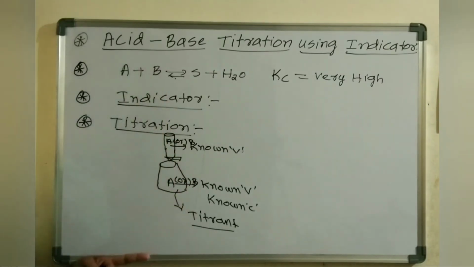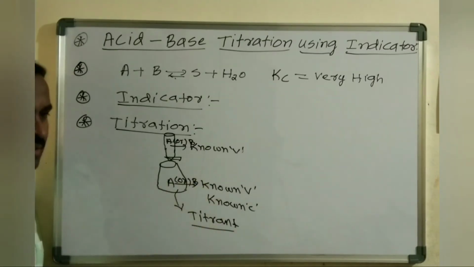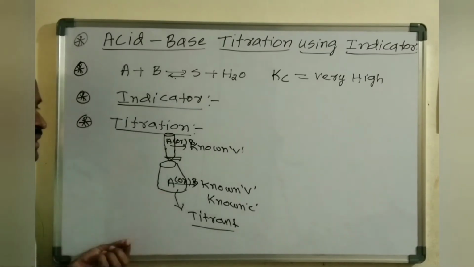Titration is one in which we need to find the concentration of the unknown acid or base when it is titrating with a known volume and known concentration. Such a reaction is a titration.